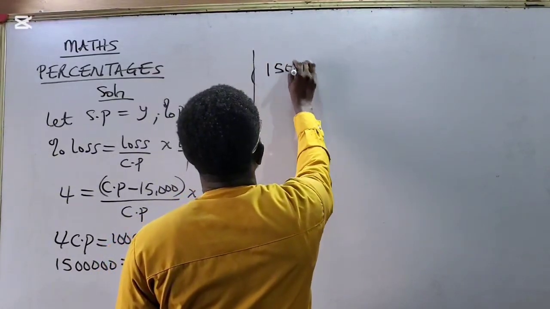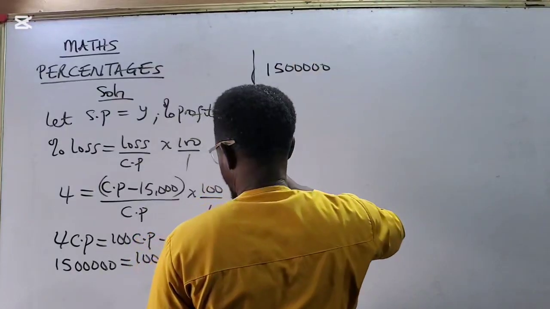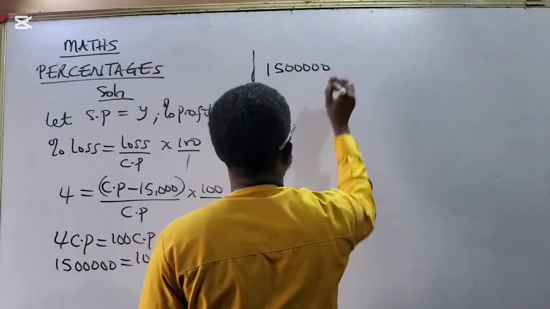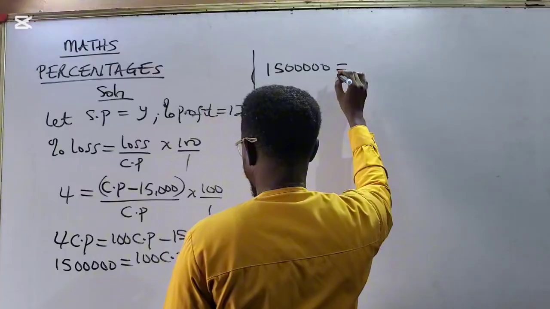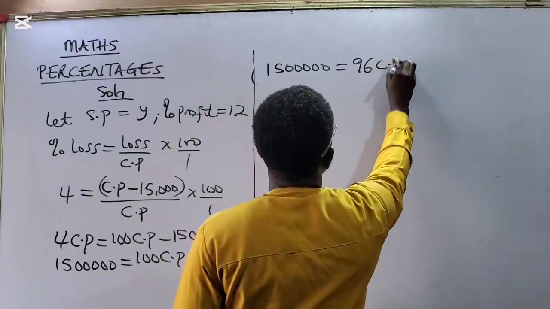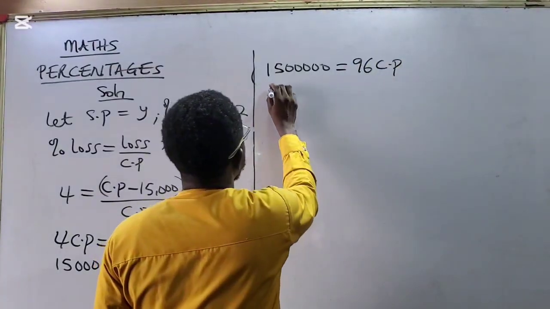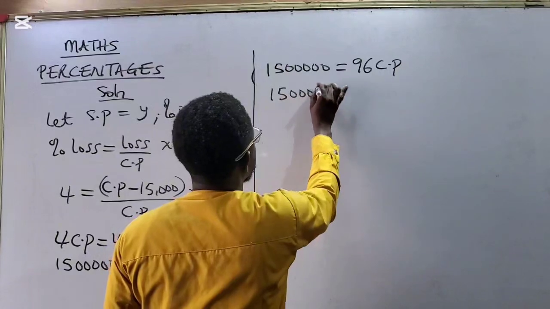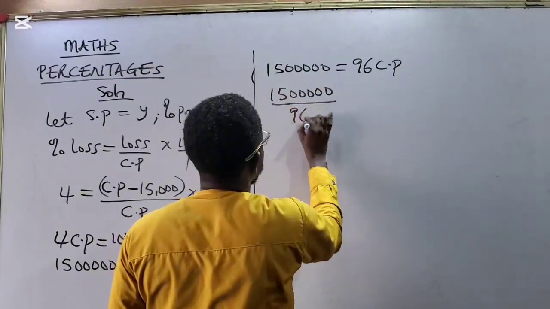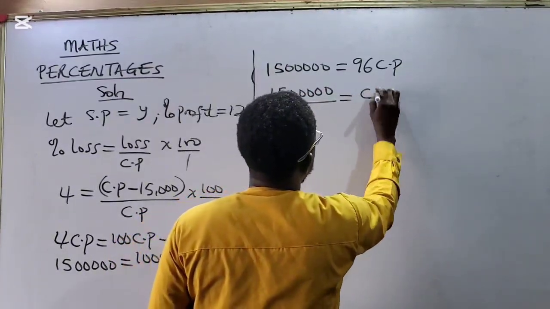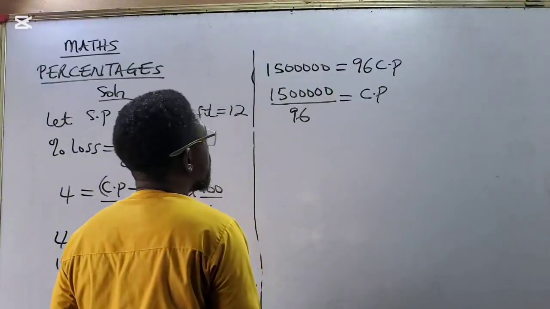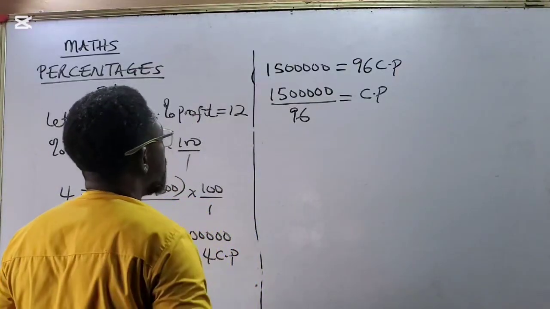Here we have 15, then we have 100 minus 4, that is 96. So divide both sides by 96. That will give us the cost price.